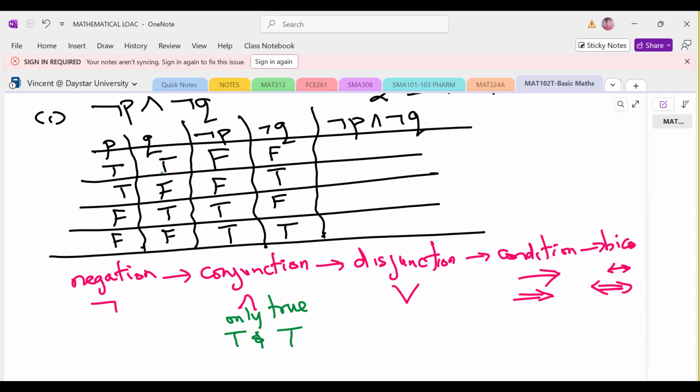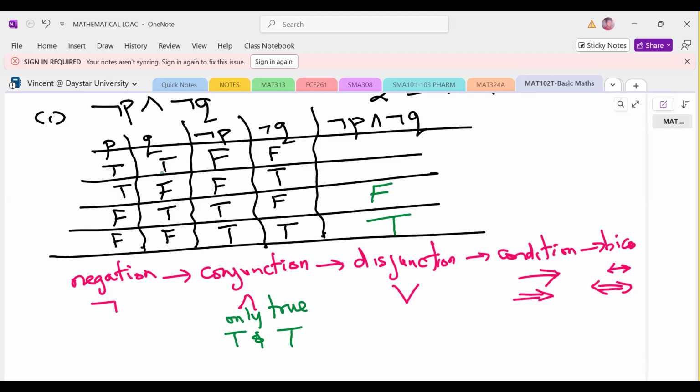So like here, there will still be F. False. So that's what you note. The only place where there is a T will be here at the bottom. True and true gives us true. But true and false will give us false.